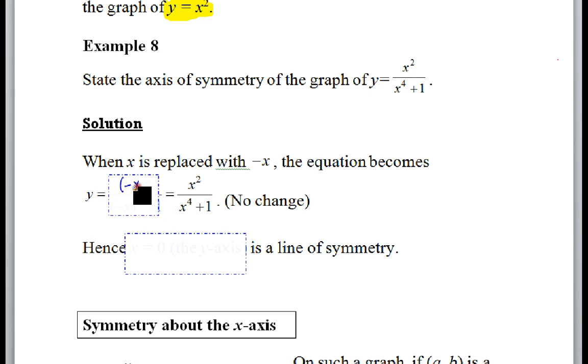You have negative x squared over negative x to the power 4 plus 1. Of course, you will get back the same thing. So it tells us that the y-axis is a line of symmetry. Okay? Good? Easy?